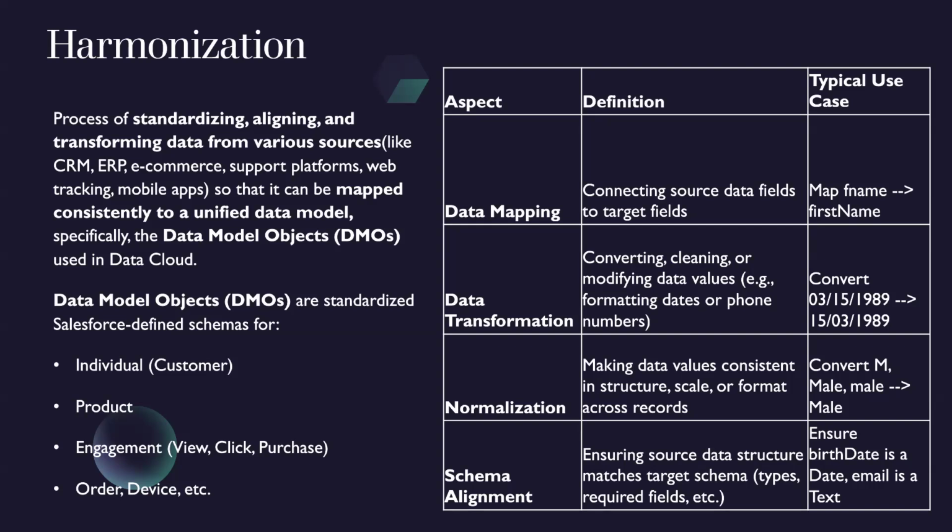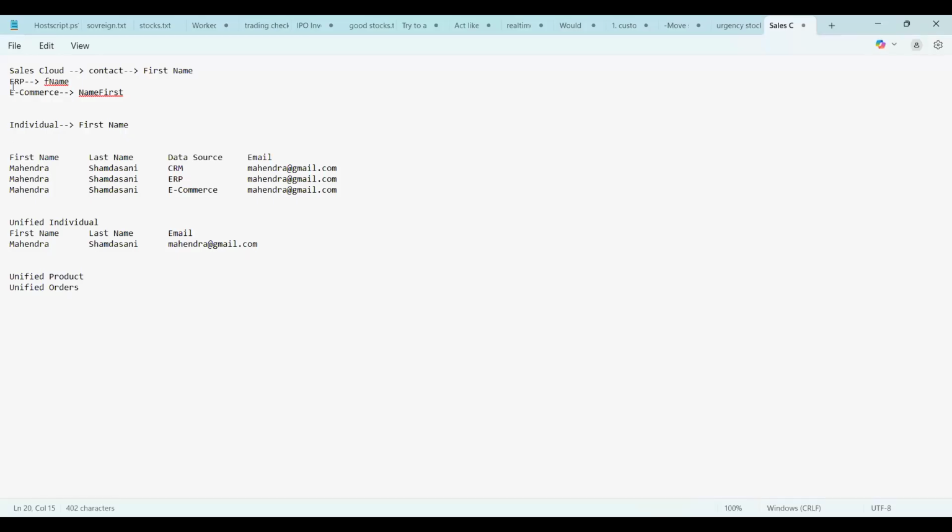So once you have created this data stream in your Data Cloud, the next thing is you need to do data mapping. So let me explain with a simple example. Let's say you want to bring in data from three different sources. One is Sales Cloud, second one is ERP, and the third one is e-commerce, right? And you want to bring in first name of your customer, right?